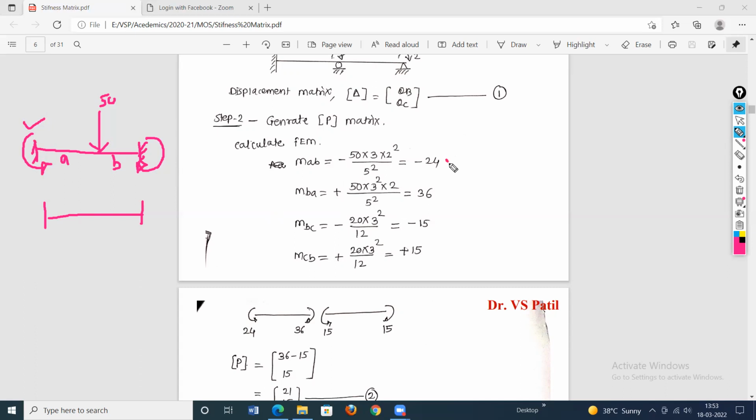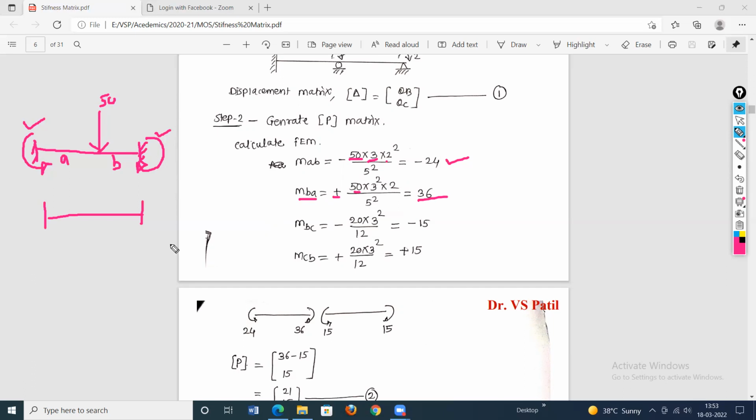The formula is W a b square by L square, and this is minus because this moment is anti-clockwise. Then next is this fixed moment M BA. Since it is clockwise, this is a plus. And the formula for this is W a square b divided by L square. So it is 36. This is for the first span.